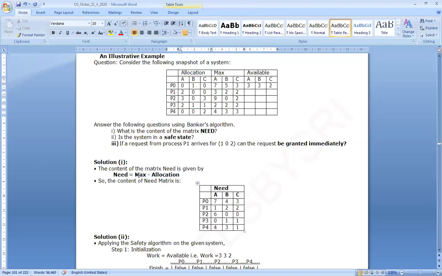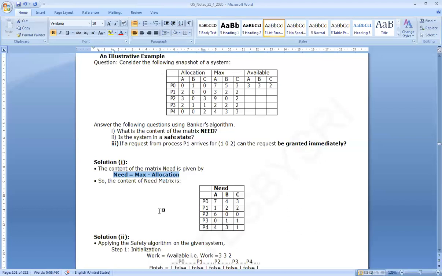If I subtract max minus allocation, I get need of A, need of B and need of C for process P0, then for process P1, and the same for processes P2, P3 and P4. So this is our need matrix, which we calculated using the formula need is equal to max minus allocation.